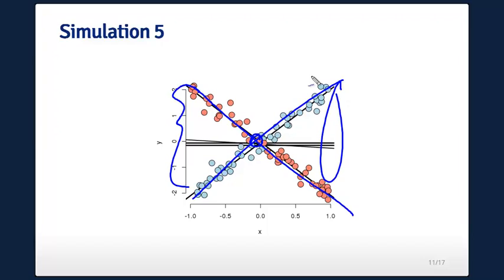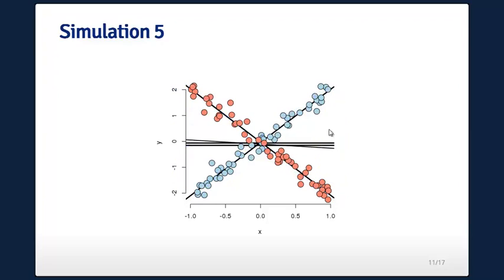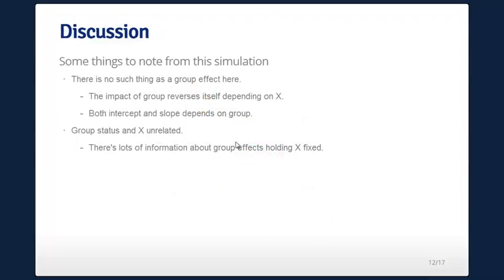The treatment effect depends on what particular value of x you're at. So there's both a difference in intercepts between the two lines and a difference in slopes. In this instance, the idea of a treatment effect doesn't even make sense. The treatment effect depends on what value of x you have. In fact, it even reverses itself.